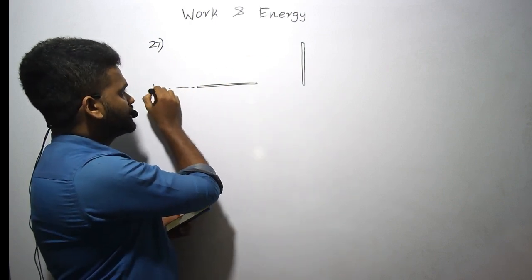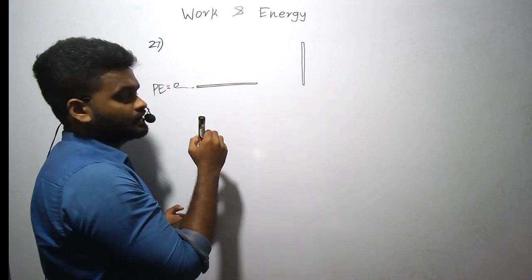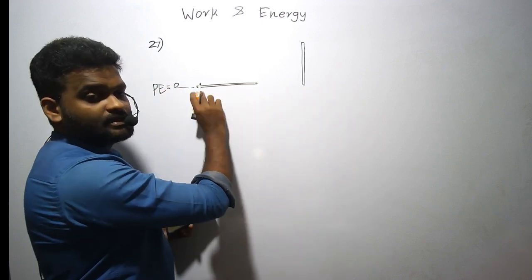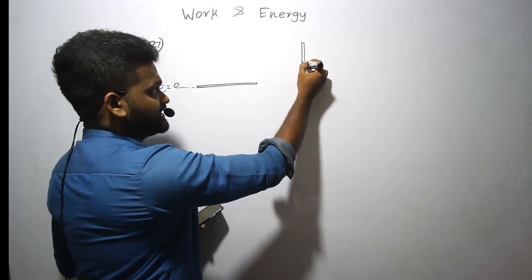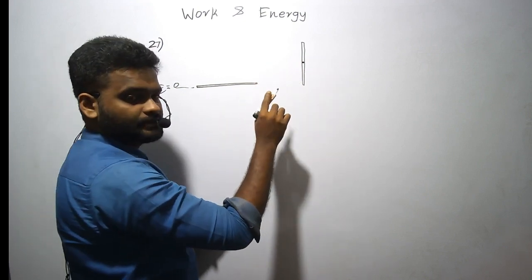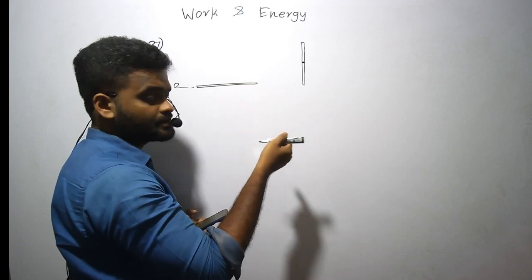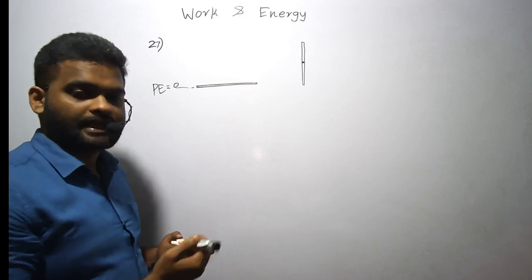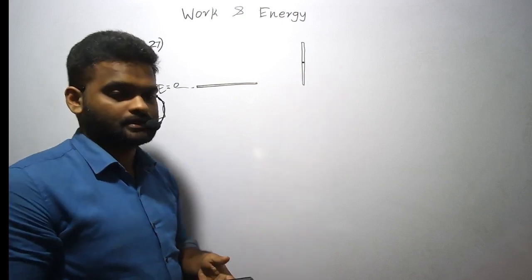If potential energy equals 0 here, this ladder has 0 potential energy in this case. You have to consider, when you get a lengthy object with dimensions, in order to find the potential energy, you need to consider its center of gravity.